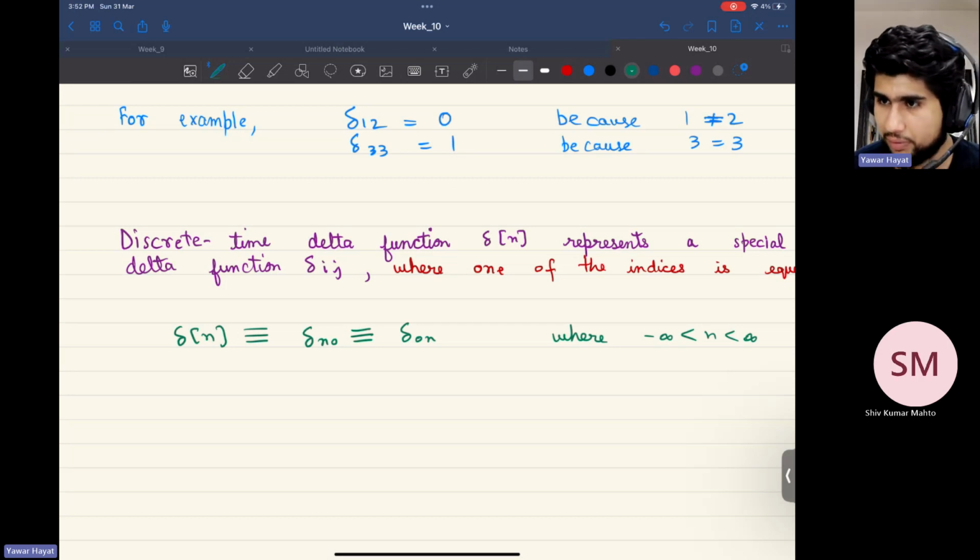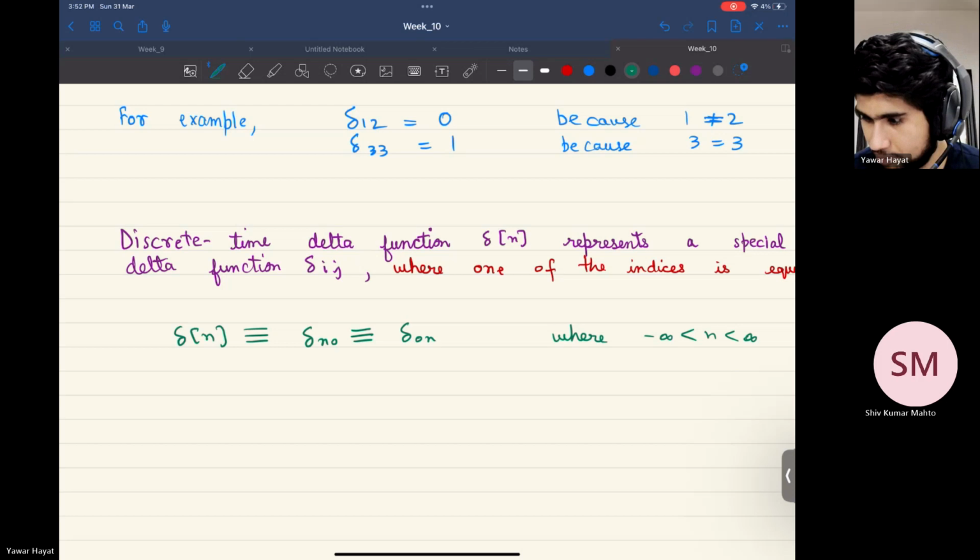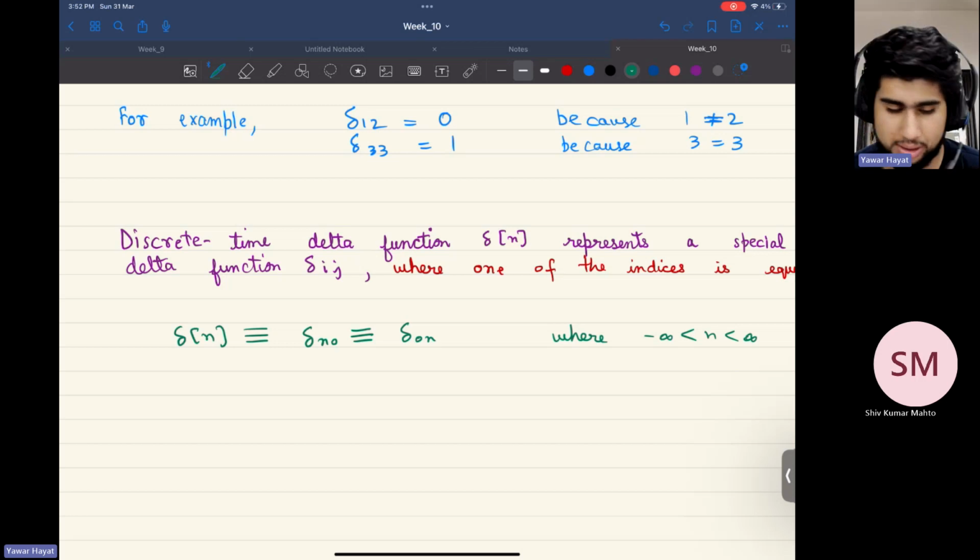What if it's a shifted version of that, either delay or advance? Suppose we have a delta function at n equals 2. Mathematically, I would represent that by del of n minus 2. Do I have an equivalent representation in terms of Kronecker delta function for del of n minus 2, or del of n minus k in general?